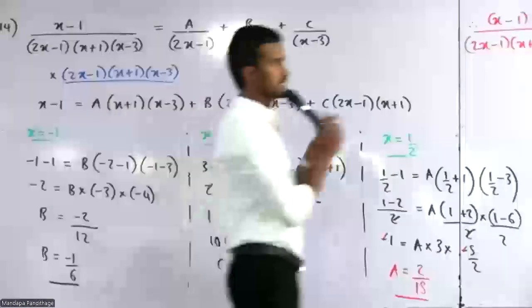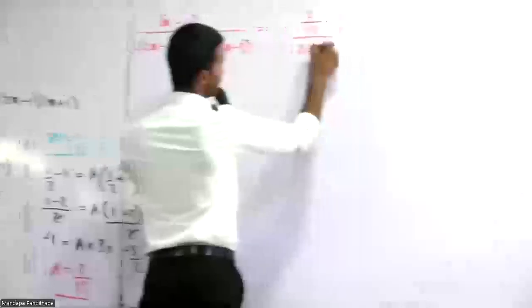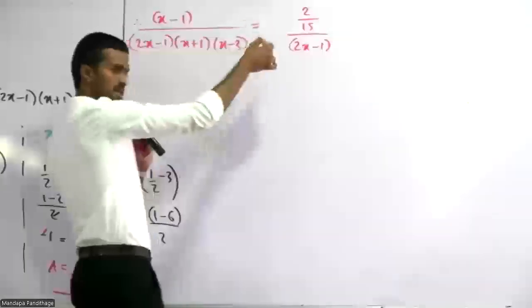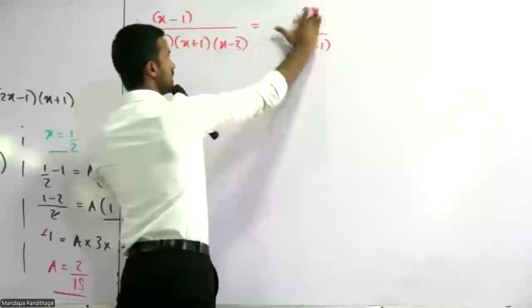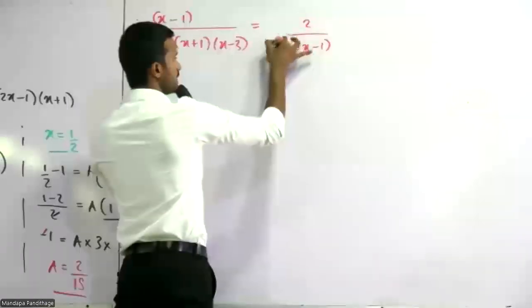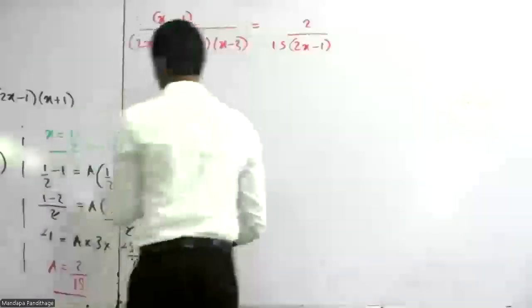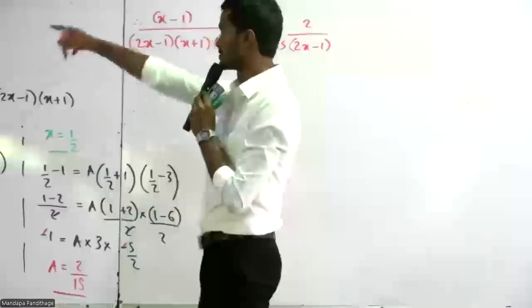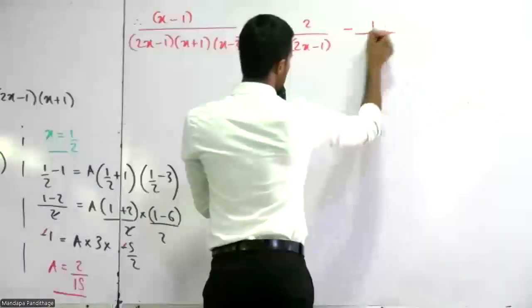So when I put this in this way, A becomes 2 over 15 over 2x minus 1. You don't have to write it this way. You know directly 15 comes down, so I'm directly writing this one because 15 comes down. Clear? Even in the next one, B is minus 1 over 6, so the sign becomes minus and 6 comes down.